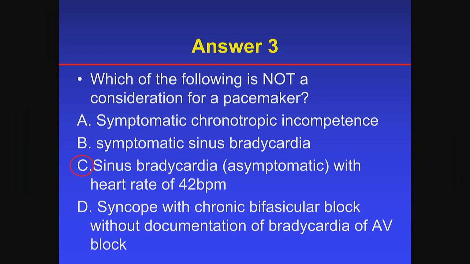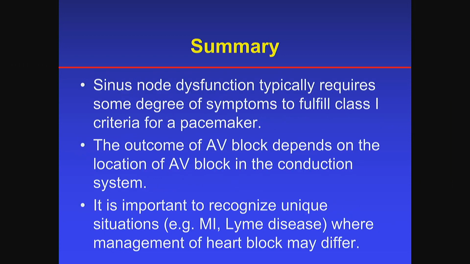In the asymptomatic patient who simply has sinus bradycardia in the 40s, a pacemaker is not indicated. And finally, in the patient with syncope and bifascicular block without documentation of bradycardia or AV block, it is not clear that a pacemaker is indicated.